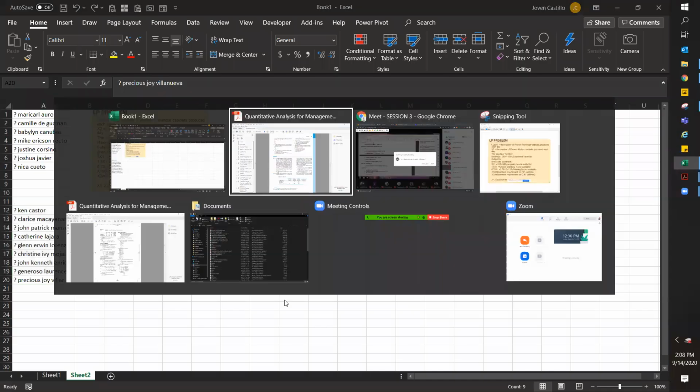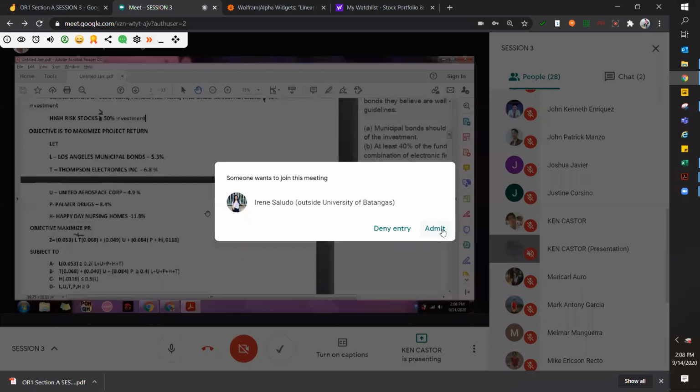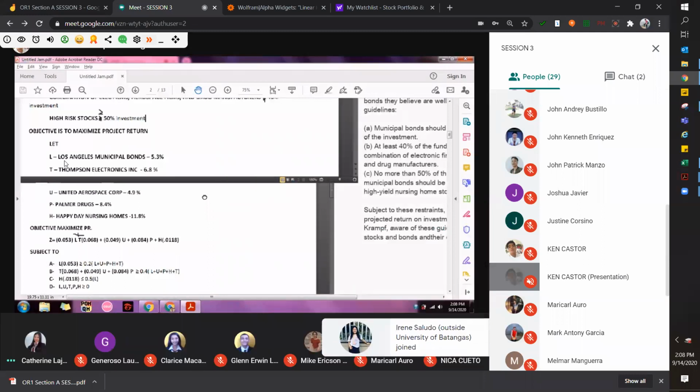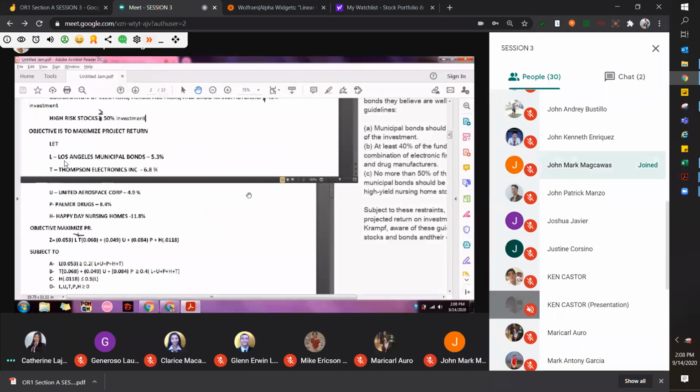So, i-restate na lang natin siya that way, rather than ilagay lang Los Angeles Municipal Bonds. Kasi, para clear, ano ba yung hinahanap? Okay. Then maximize. Okay, we're good there.